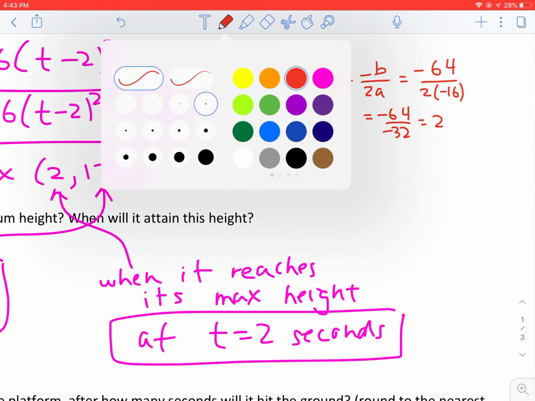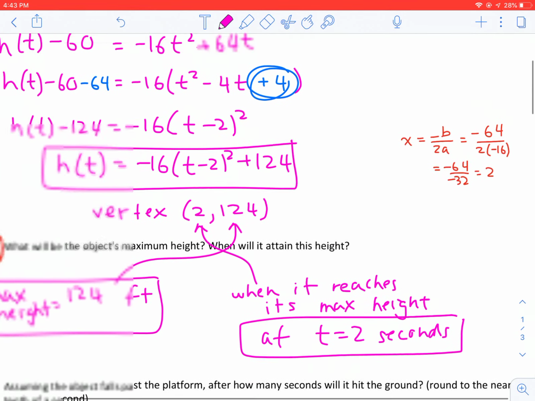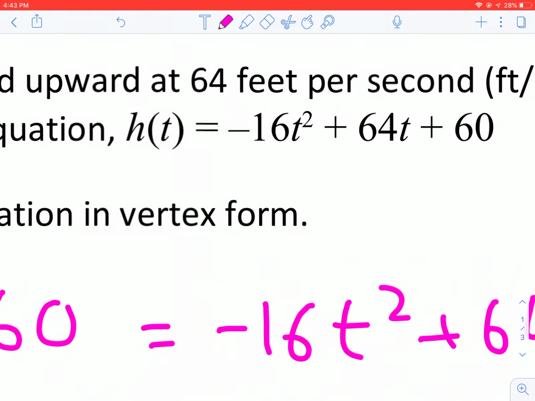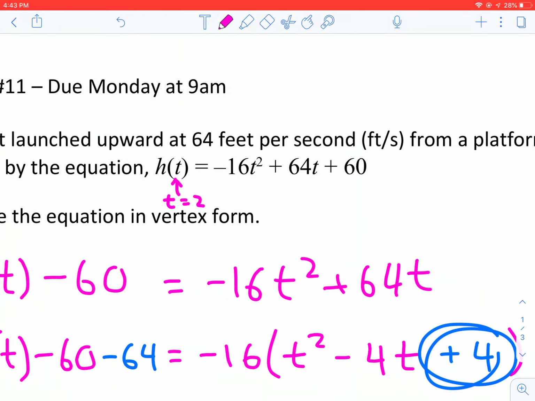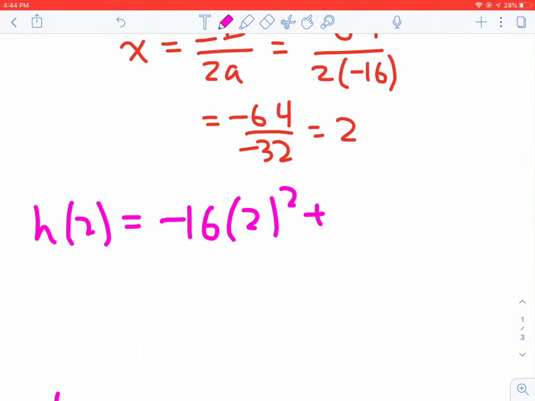And to get the actual max height, once you have this 2 value, we could plug it in, because we know the max height is reached at time equal 2. So all we have to do is plug in a 2 into this equation to get the height after 2 seconds. So that's going to be h of 2 equals negative 16 times 2 squared plus 64 times 2 plus 60.